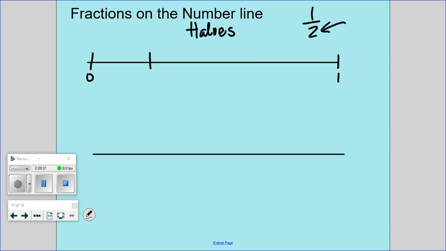No, that is not 1/2. That's like 1/4. It's closer to 1/4, but it is not 1/2 because this piece right here is not equal to this piece. Try to put a tick mark as close to the middle as you can. And we're going to label that 1/2.